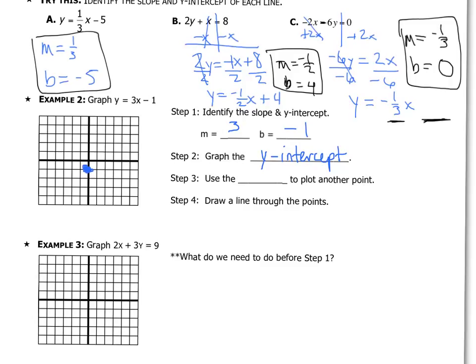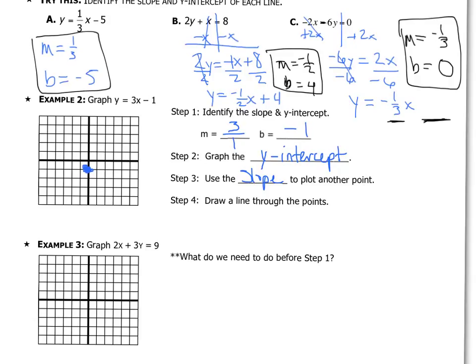step 3, use the slope to plot another point. The slope is 3. And when we're graphing, we want our slopes to be fractions. So I'm going to just put a 1 underneath it. So it's 3 over 1. Remember that the top value is the change in y.